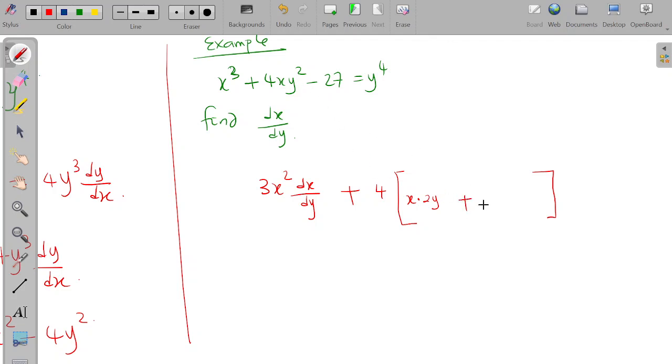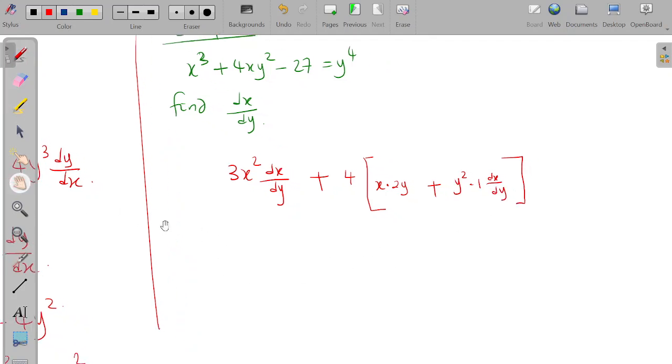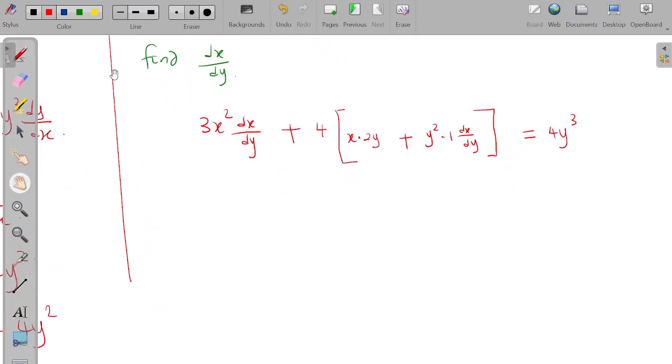Plus, I hold on to y, I derive x, multiply by 1, but because I'm deriving x, I need to multiply by dx over dy. Now I derive 27, that is 0. I derive y to the 4, 4y cubed. I'm not multiplying it by anything because y is not a function of x. Please take note of that.